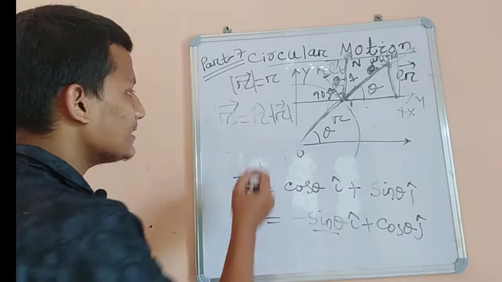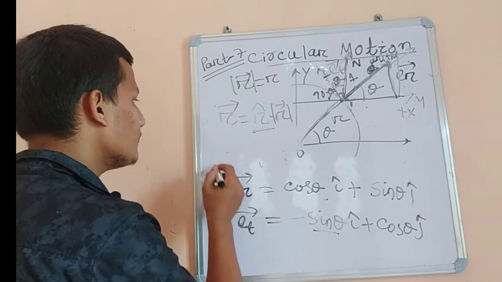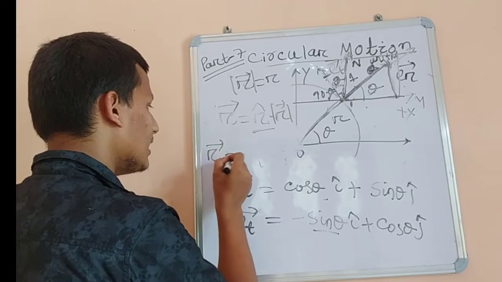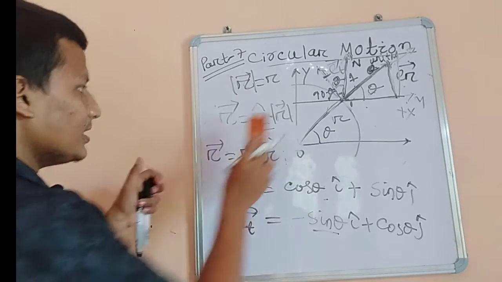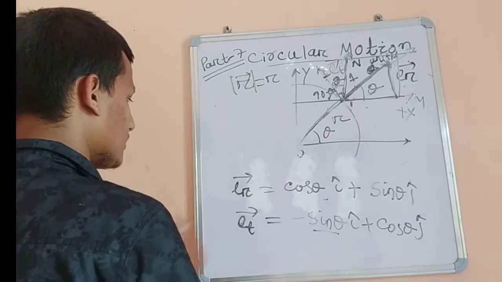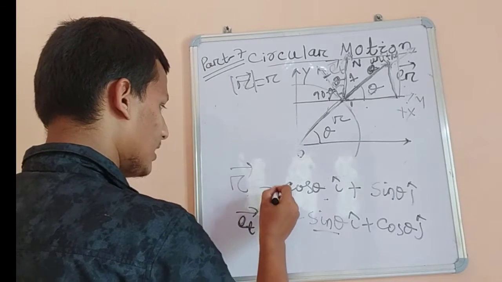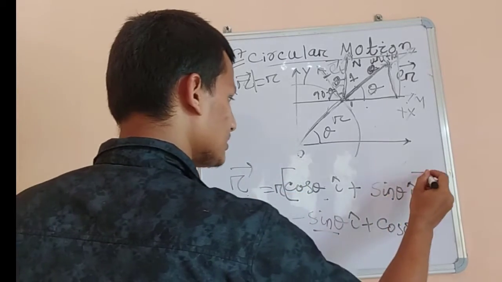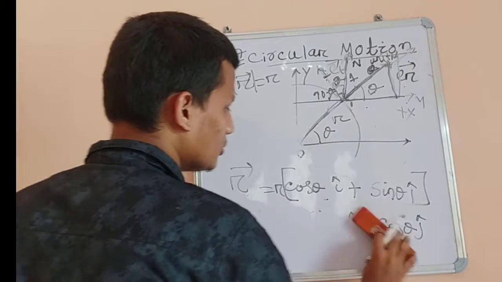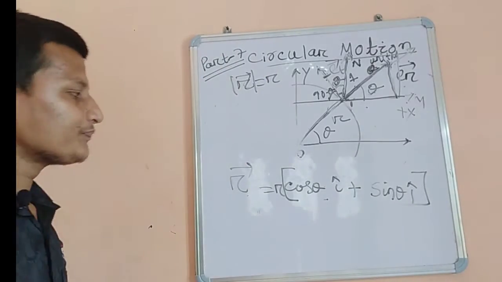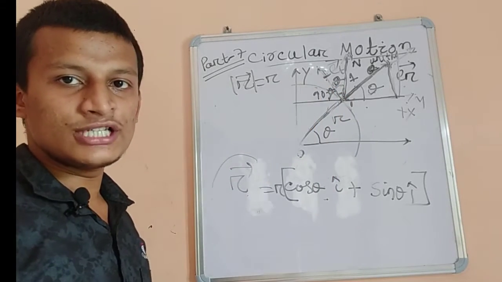So r vector equals r into ER vector. This is our radial vector. Suppose at any point we are moving, our displacement is continuously changing.